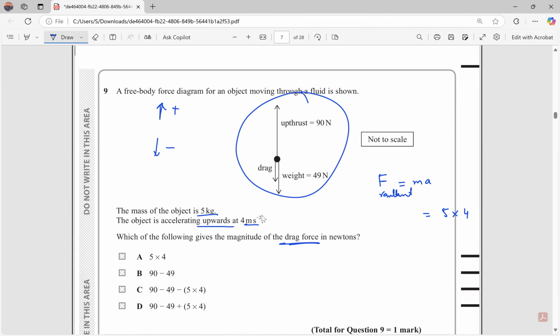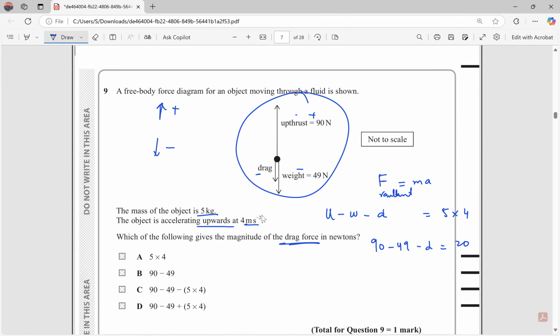The resultant force. Now, again, the same convention. Upwards forces are positive, downward forces are negative. So I will write here, upthrust minus weight minus drag is equal to this. Let's put in the values. 90 minus 49 minus drag is equal to 5 times 4 is 20.